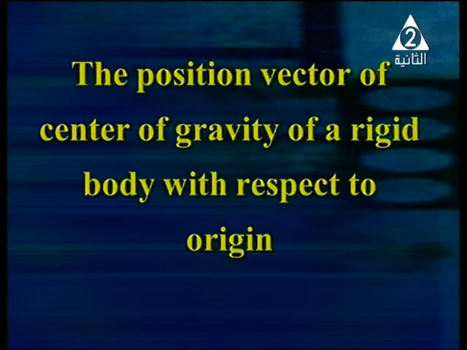The position vector of the center of gravity of a rigid body with respect to the origin. Dear student, now we know the position vector of the center of gravity of a rigid body with respect to the origin.